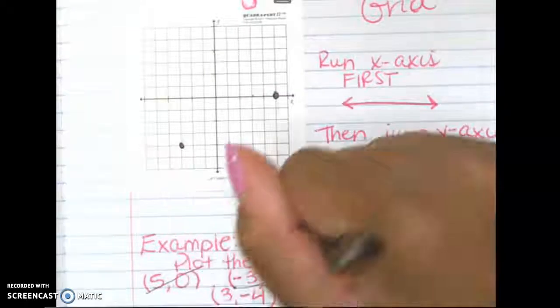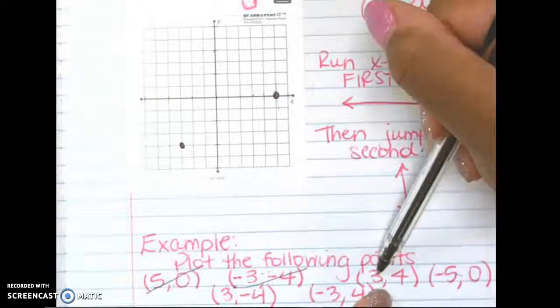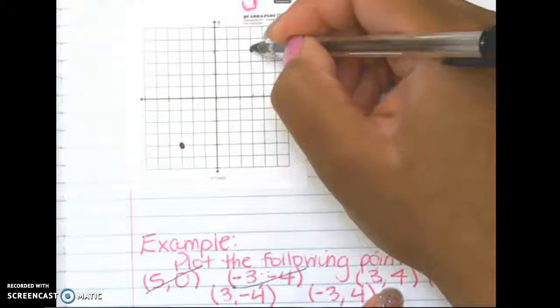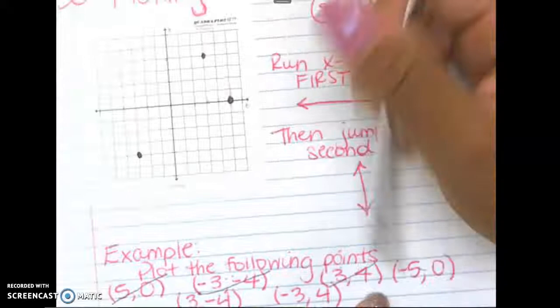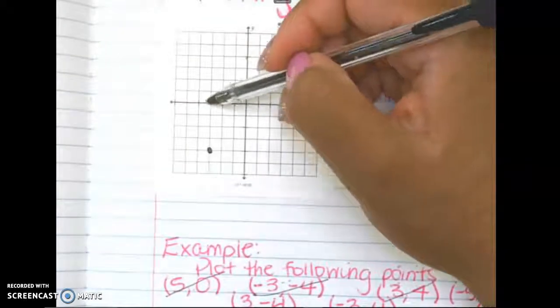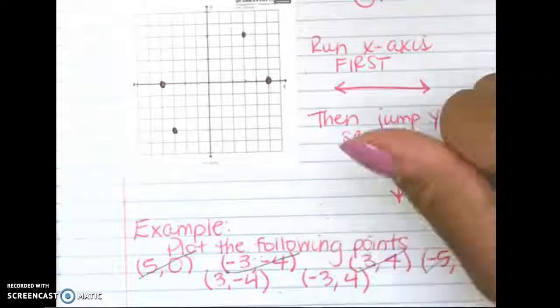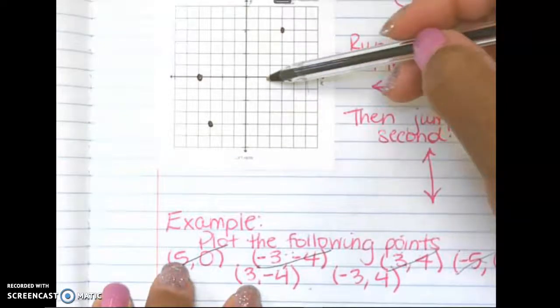So I did that one, I did that one. Now I do positive 3, run 3, jump 4. So run to the right, jump up 4. Done. -5, 0. Run to the left. Don't run. Plot that point. Cross it out. Run to the right.